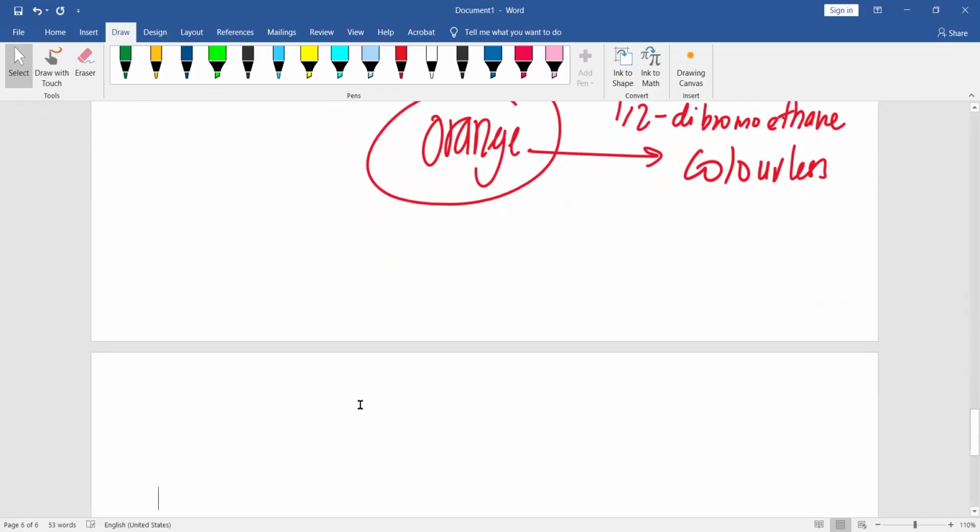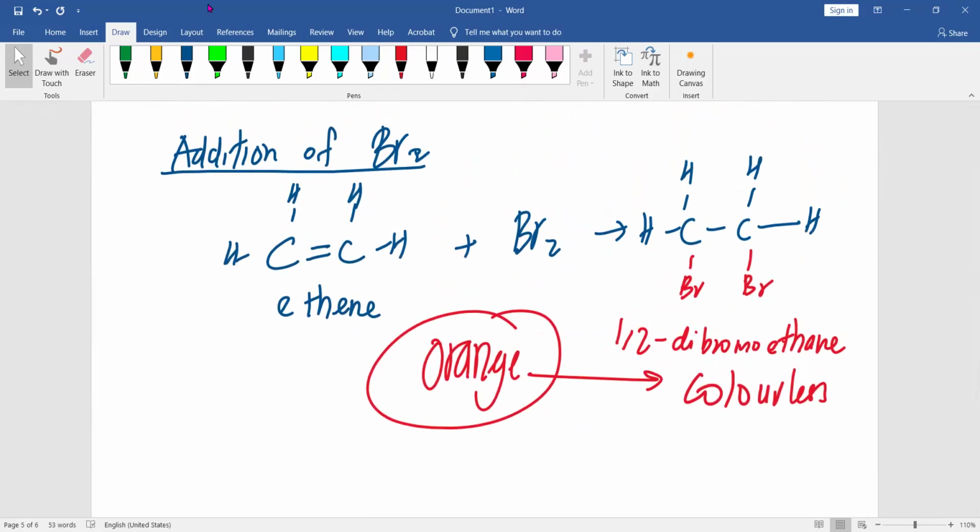So when you flow ethene through bromine, the orange bromine turns colorless.